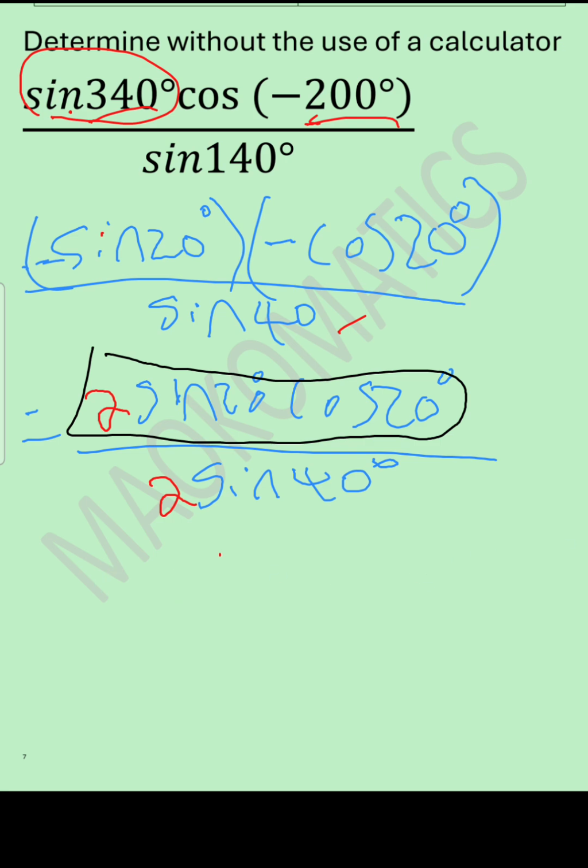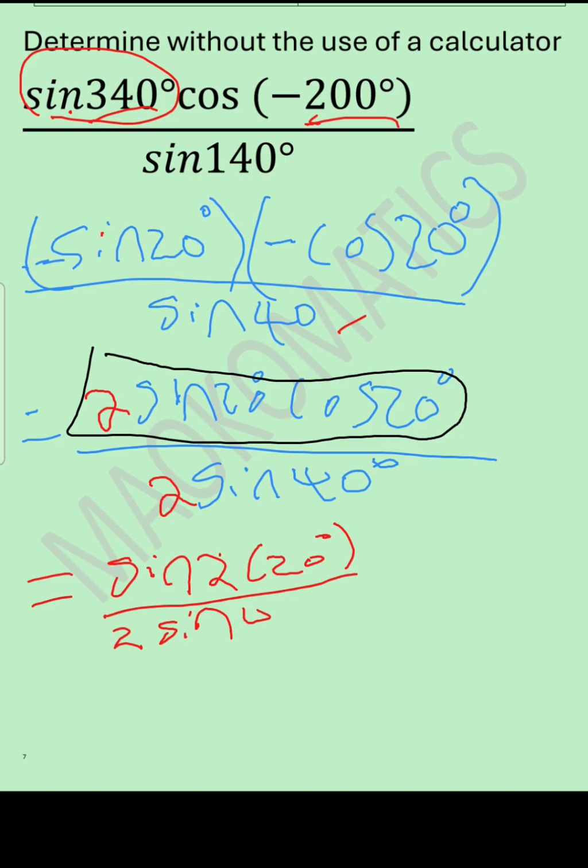Right? So now you're going to say this is equal to sine 2 multiplied by 20 degrees, all over 2 sine 40, which is equal to sine 40 over 2 sine 40 degrees.